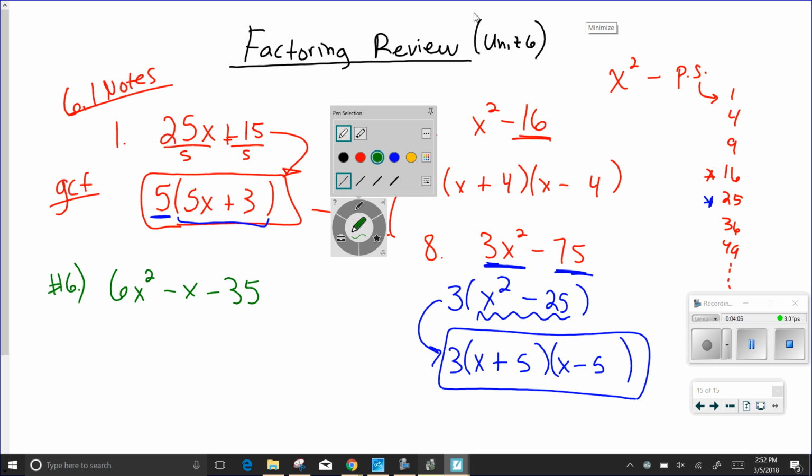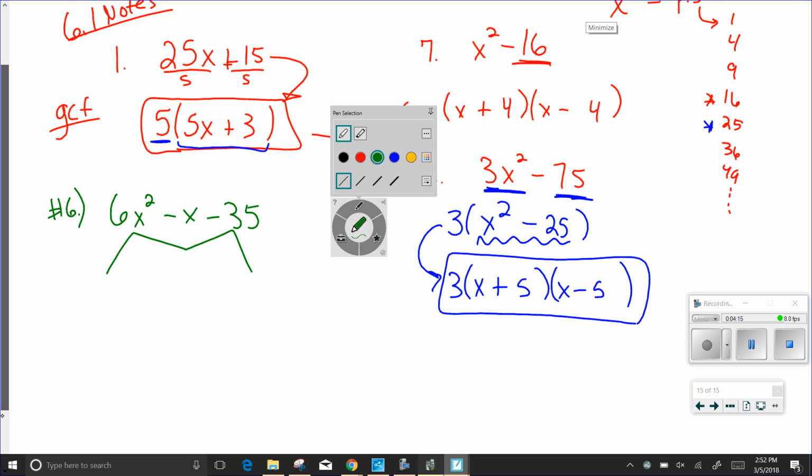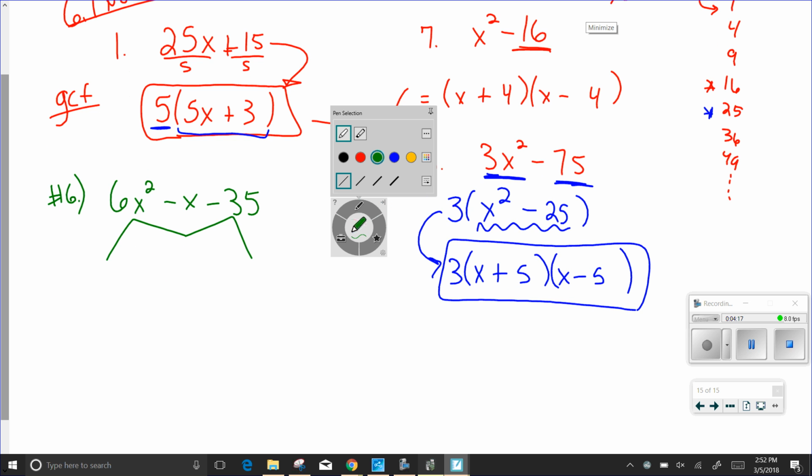So what we have to then do is factor using either the M method or the box method. I'm going to go forward with the M method. The purpose of drawing the M is it helps guide the terms. So we're going to bring down the 6x squared, bring down the minus 35. Multiplying a times c, 6 times a negative 35 gives us negative 210.